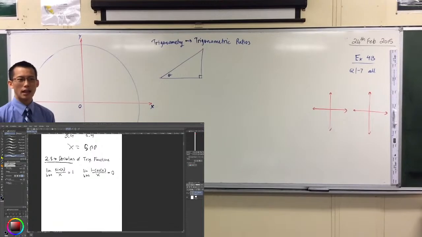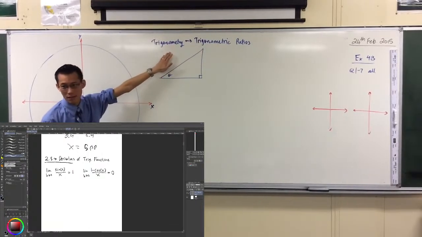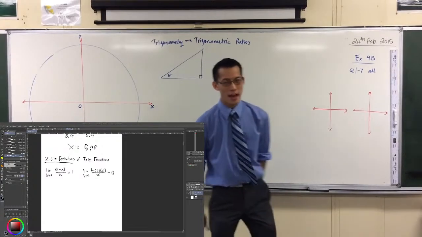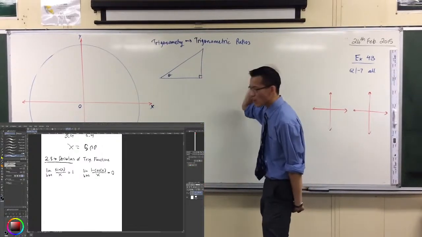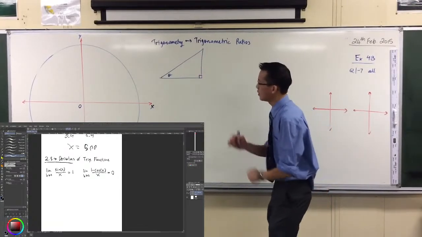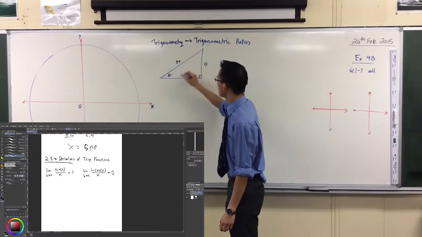But you quickly realize that this is a very limited way to define these things. Here's a typical right-angled triangle. If you wanted to work out what sine of theta, cos of theta, tan of theta and all of the reciprocals are, you're kind of limited. You've got your opposite, your hypotenuse, and your adjacent.